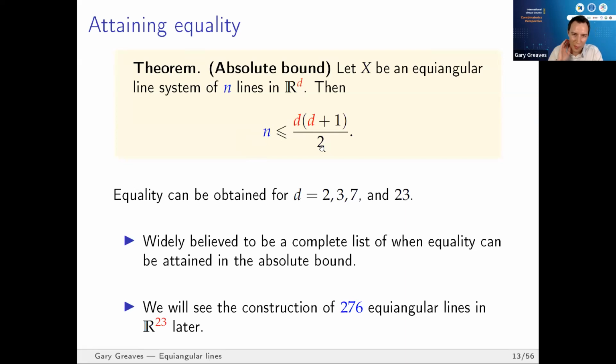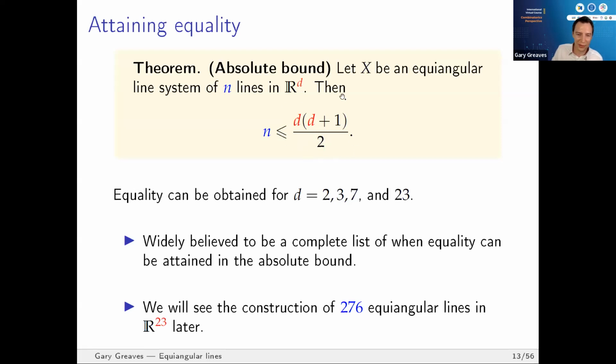Now, we just proved an upper bound, so every time we prove an upper bound, we think to ourselves, is it possible to get equality here? How good is this bound? And so now we can check some dimensions that we know about. For example, in dimension 2 we can get 3 equiangular lines. If we plug 2 into here, we get 2 times 2 plus 1 is 3, divided by 2 is 3.